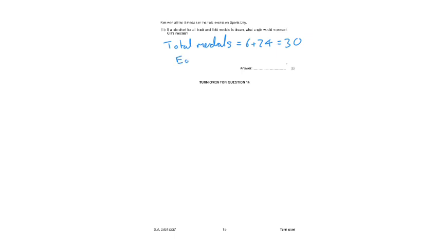So each medal is now 360 divided by 30, which is 12. So Jill won 4. So Jill is 12 times 4, which is going to be 48 degrees.